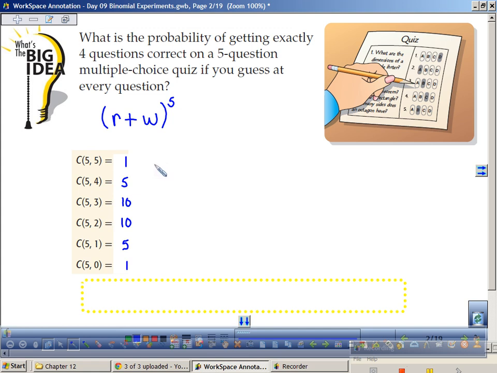Okay, so which term would you need? You would need right being 4, right? 4 right, and how many wrong? 1. Which term would that be? The second one, right? Because wouldn't right being to the 5th power be the first term? So wouldn't that just be a 5 in front of it?